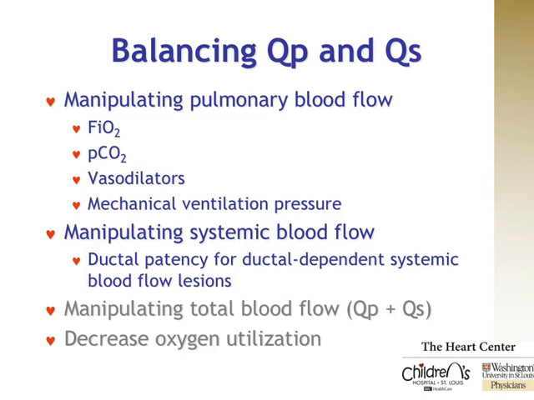And then in some patients who are on a ventilator already, we can actually increase the vent pressures, increasing the PEEP levels as a way to limit pulmonary blood flow and increase the pulmonary resistance slightly to try to balance QP and QS. Manipulating systemic blood flow is a little more difficult.